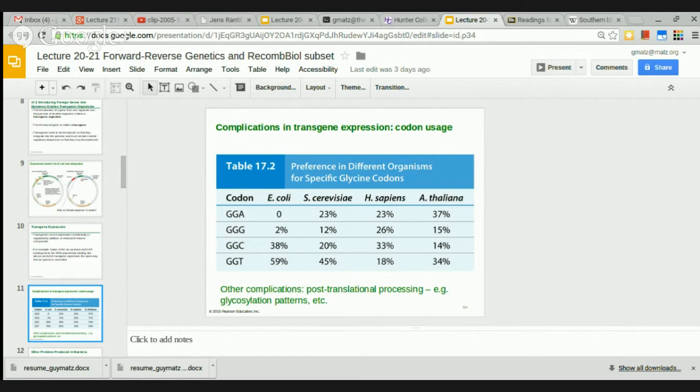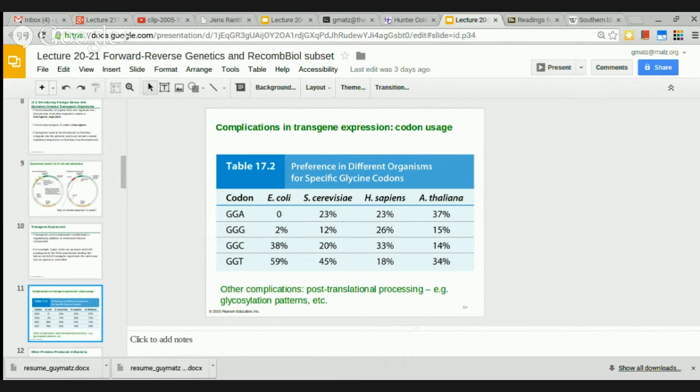In E. coli, glycine, of course, on our little chart that we look at, glycine can be encoded. This is a universal code that any one of those triplets will give you glycine. However, in E. coli, there is no tRNA with an anticodon for that.